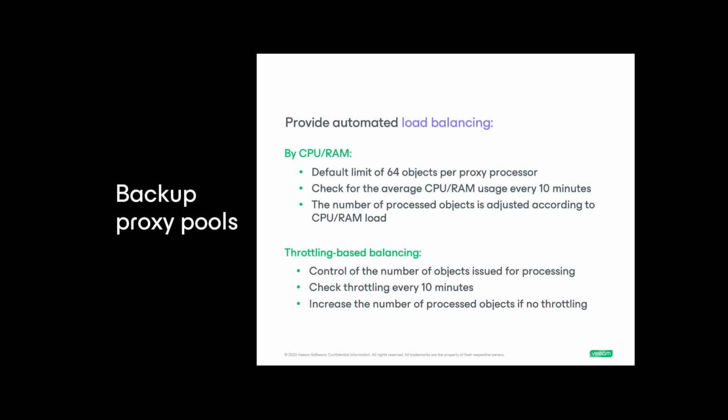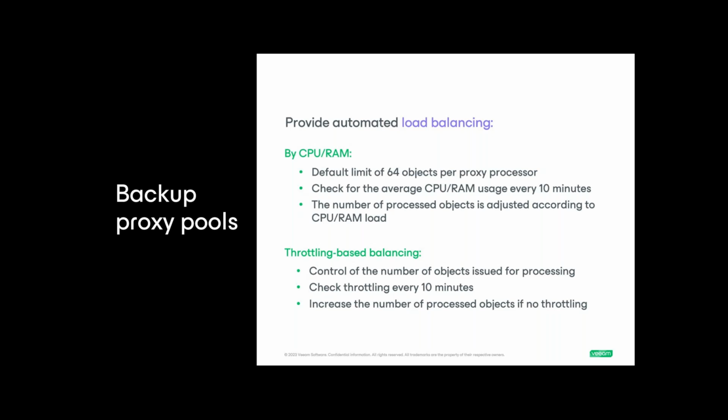So together, this proxy pool and the NATS queue that I mentioned give us the ability to have multiple proxies that can load balance the workload across a job. So as we have, say, a large SharePoint deployment, or a lot of users whose mailboxes we're backing up, instead of queuing up on one proxy or potentially vertically scaling a proxy to a massive size, we can scale out and just add multiple proxies to this pool.